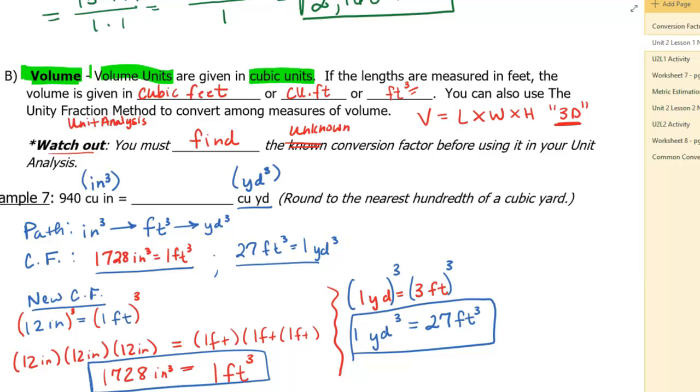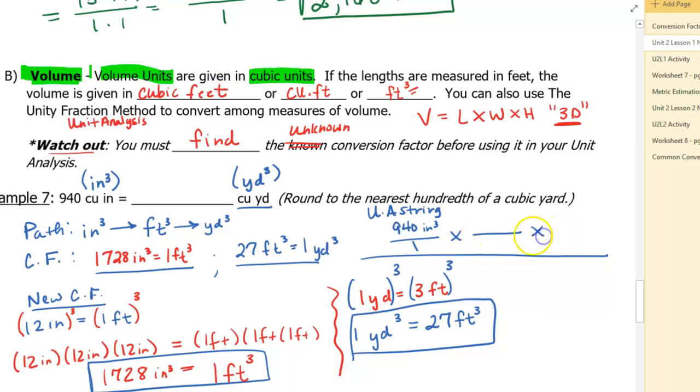Now that we have our conversion factors, we're going to build our string. For our unit analysis string, we start with what we were given: 940 inches cubed over 1. This time we're going to need 2 more fractions.